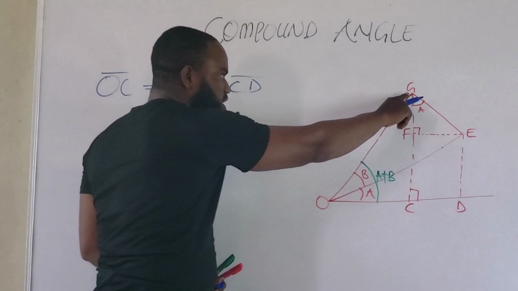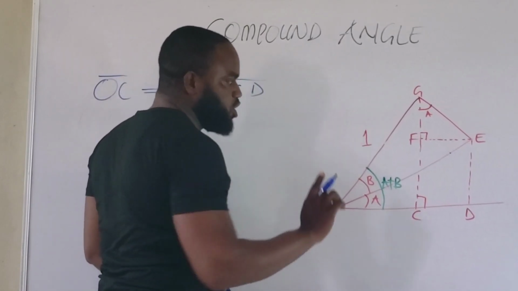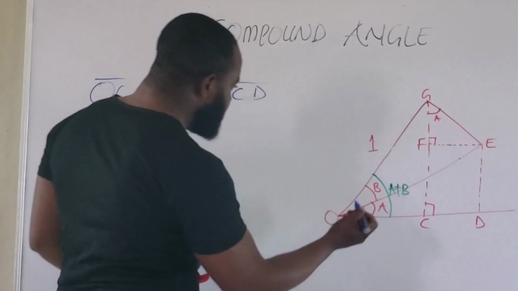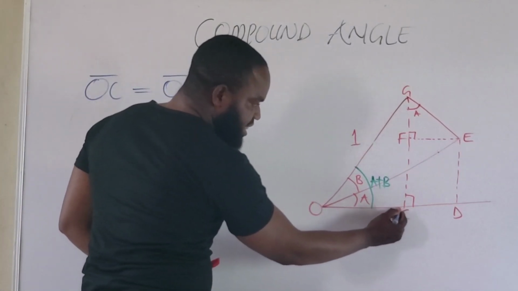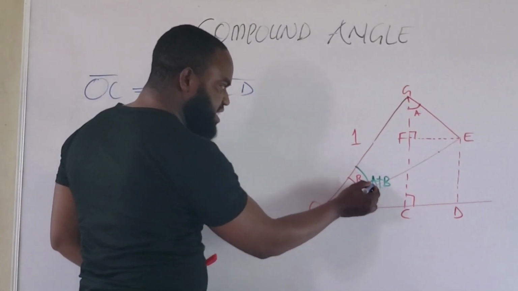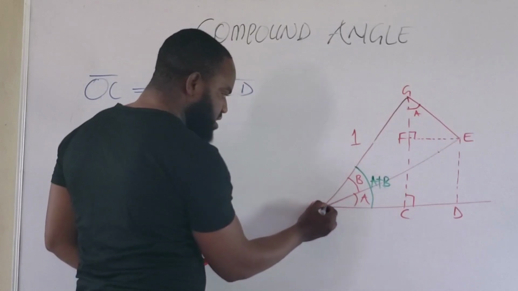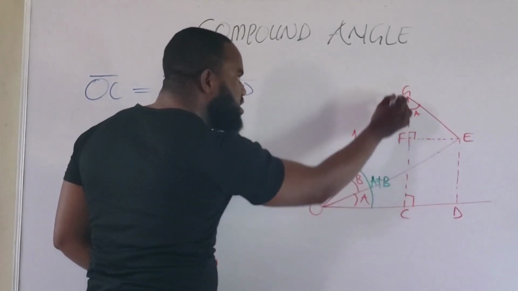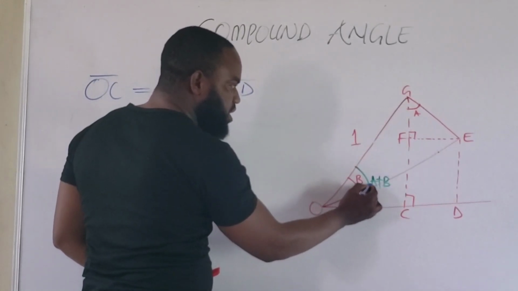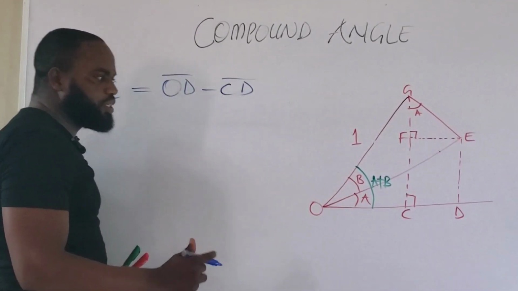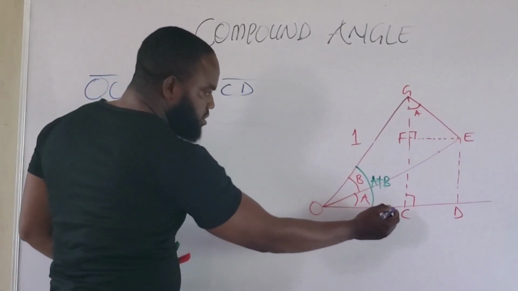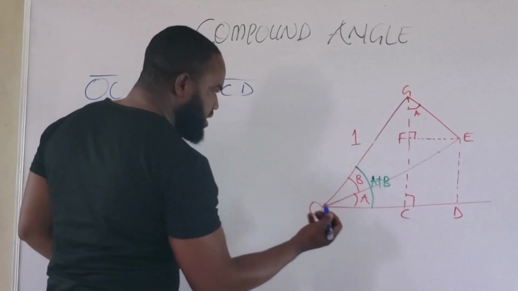Well, what can we say about OC? We have to pay attention to this. The line OG here is 1 unit. Now, what can we say about OC? OC is the line down here, and it is the adjacent line for the triangle OCG that has angle A plus B in it. So can we have an expression that involves line OC? Yes.